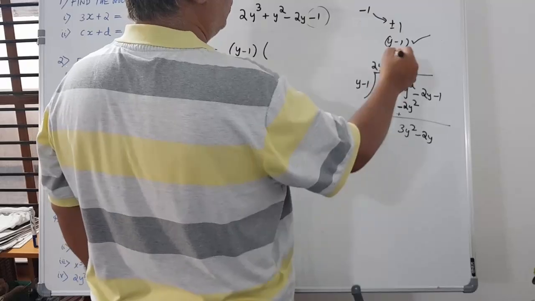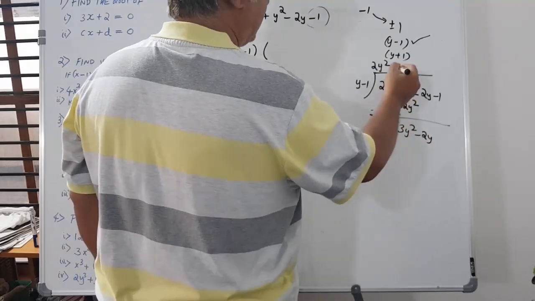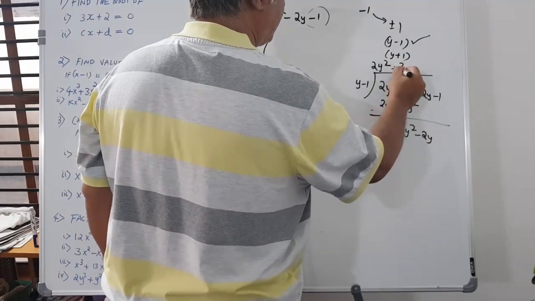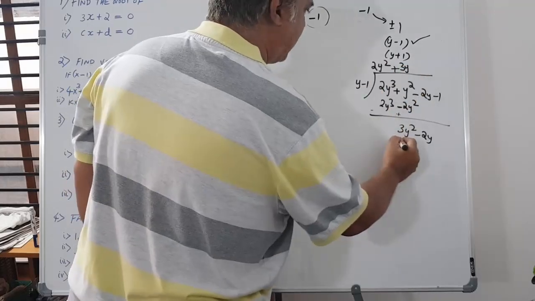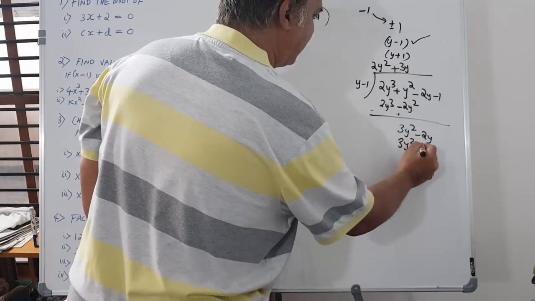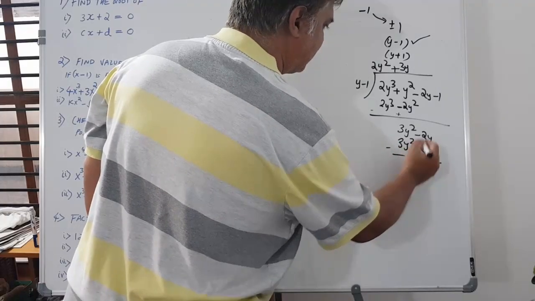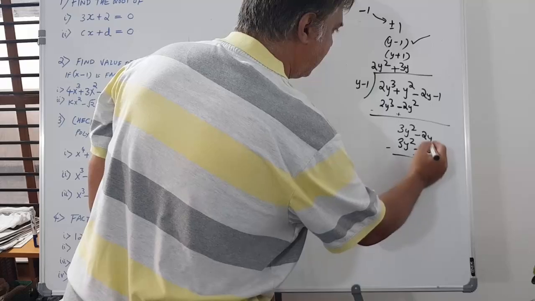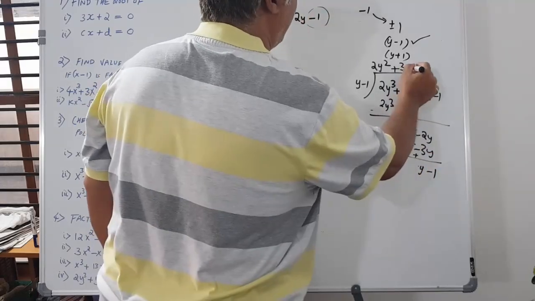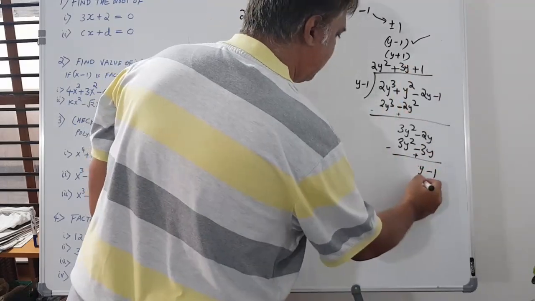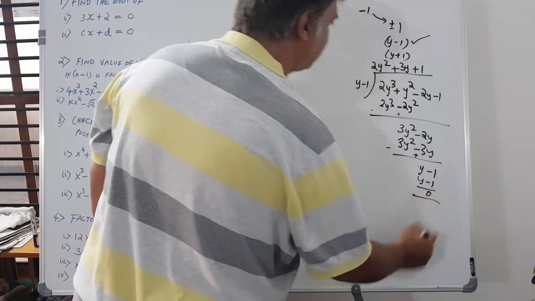Okay, now I'll multiply it by 3y. Okay, so I'll get 3y squared minus 3y. Again, while subtracting, this will become minus, this will become plus. So I'll get a y here and I'll get a minus 1 here, and plus 1 will give me y minus 1 with remainder 0.